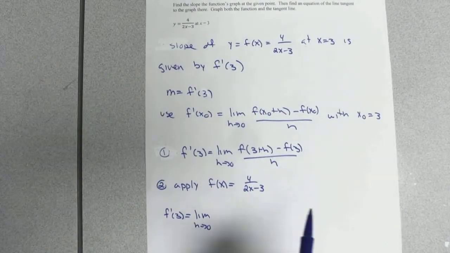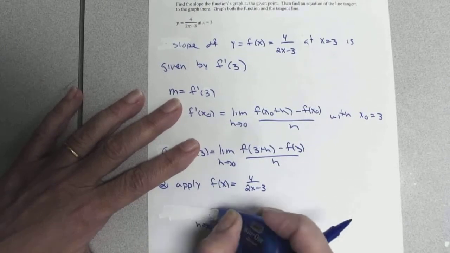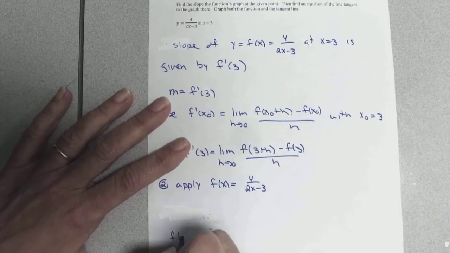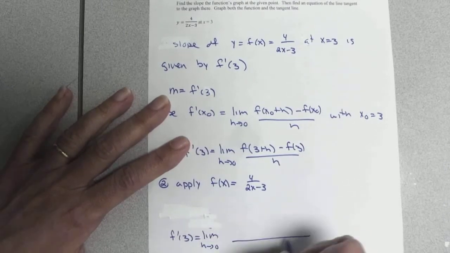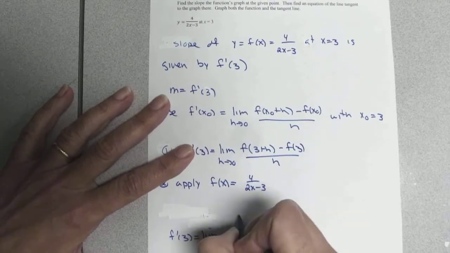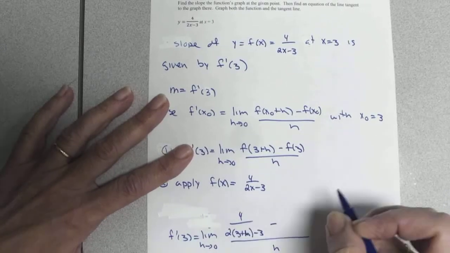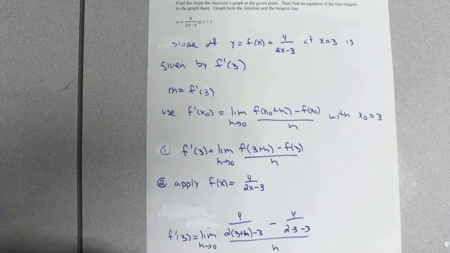So f prime of 3 is going to be the limit as h goes to 0 of 4 over 2 times 3 plus h minus 3 minus 4 over 2 times 3 minus 3.